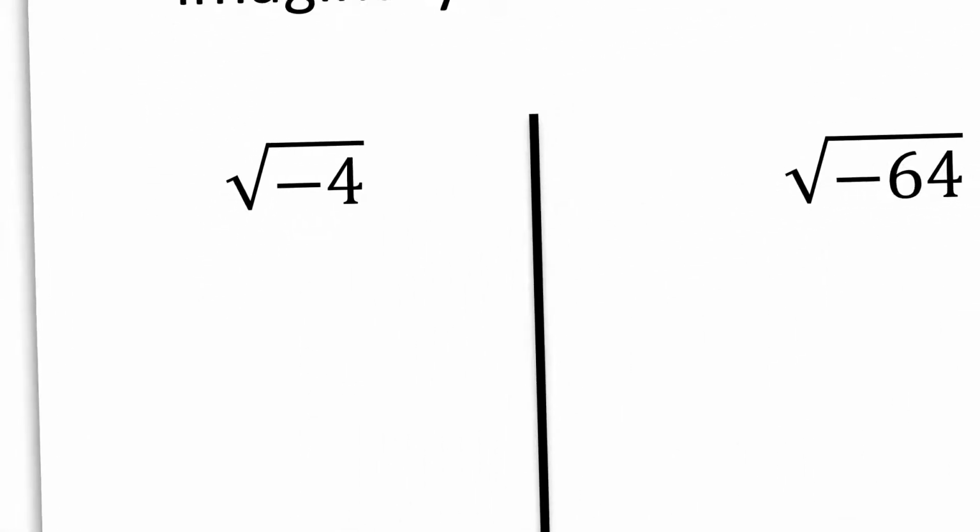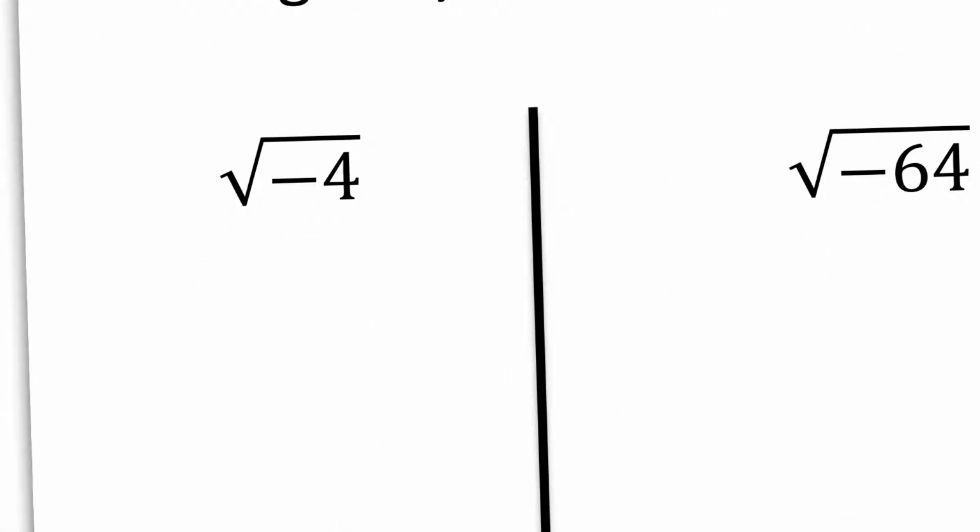So how do we use imaginary? First of all, that negative inside of the radical is going to turn into an i. So what I mean is, you put the square root of 4, just like the regular square root of 4 that you know, but you put an i at the end. And yes, I know this is a very funny i, but that's how I write my i's for imaginary.